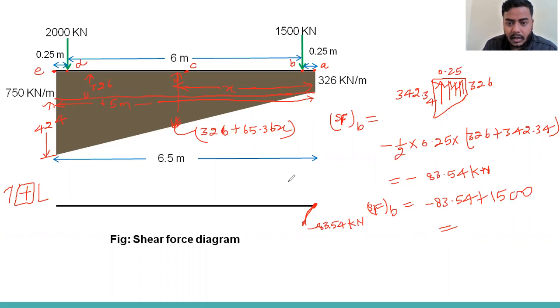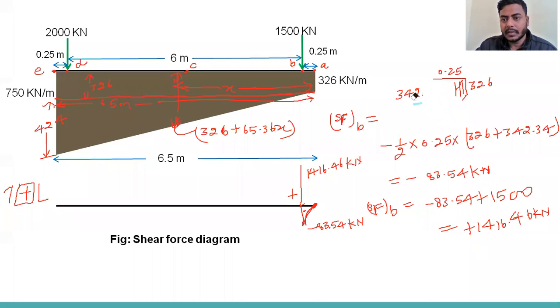This value will be plus 1416.46 kilonewton. That is positive, so we'll get a sudden change here. This is minus, this is positive.